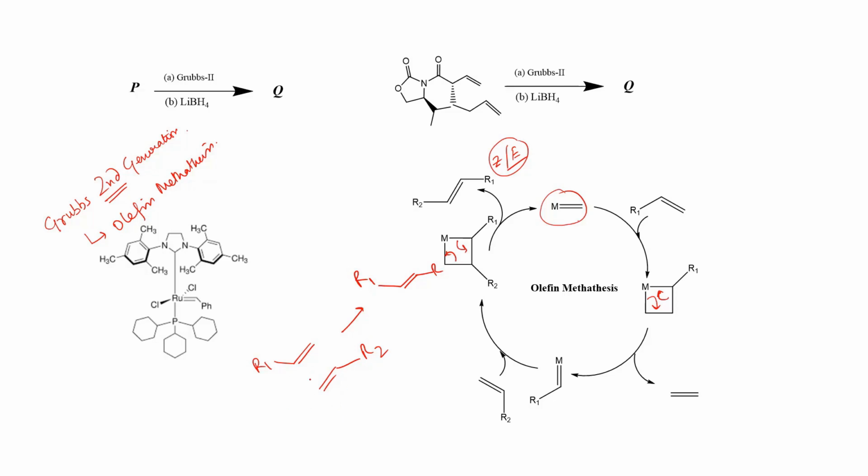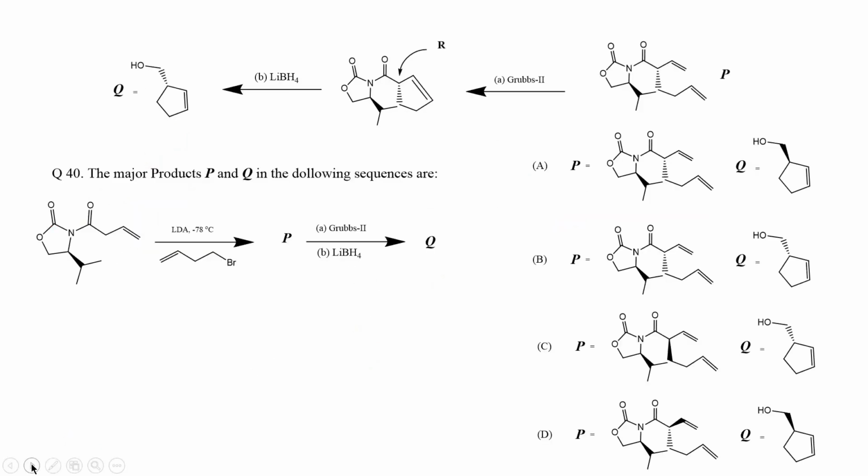If we apply this chemistry here, this is one group and this is another group. It will have a double bond at this position, and the two terminal double bonds will go away, giving us the structure with a double bond at this position.